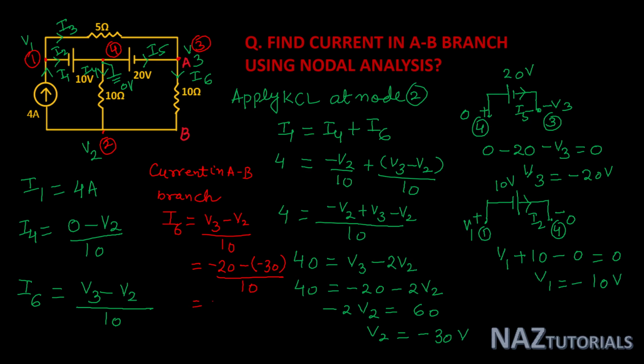So minus 20 plus 30, divided by 10. You will get 10 divided by 10. So I6 is calculated as 1 ampere. This is our answer for the branch current AB.